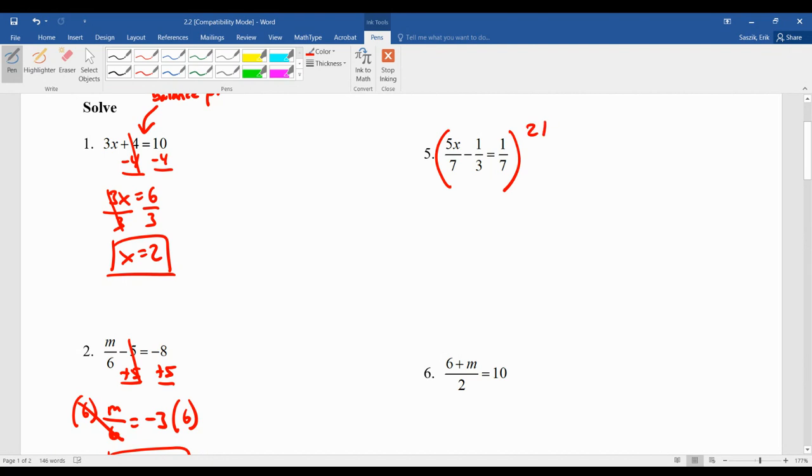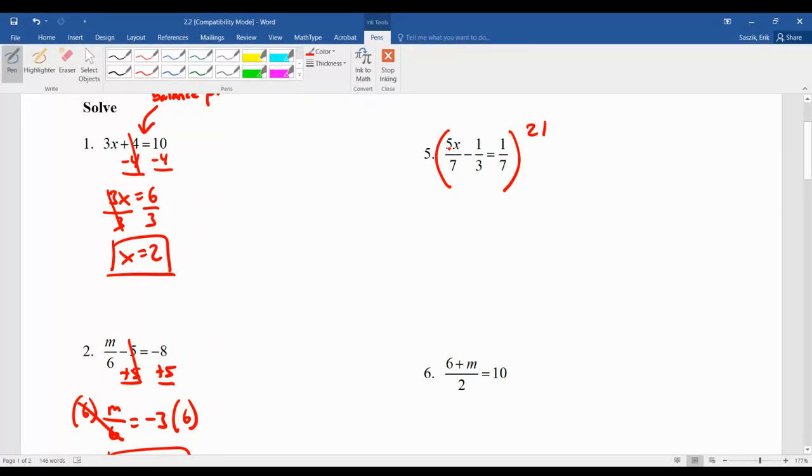Now watch what happens. When I multiply by 21, I have to apply this 21 to all three of these terms, okay? I'm multiplying by the top and then taking the result and dividing by the bottom. It's actually easier to do the division first. Watch this. 21 divided by 7 is 3.